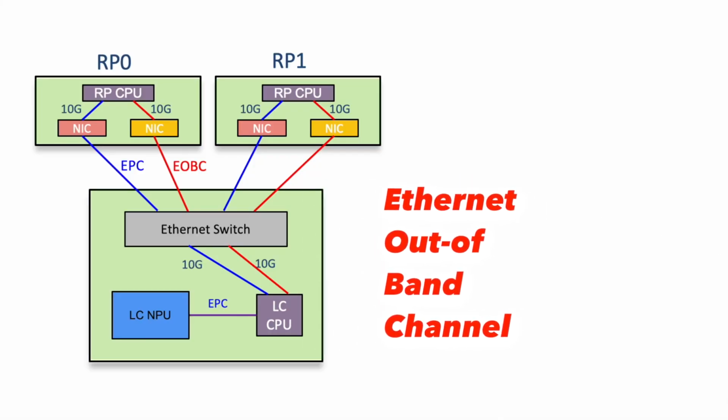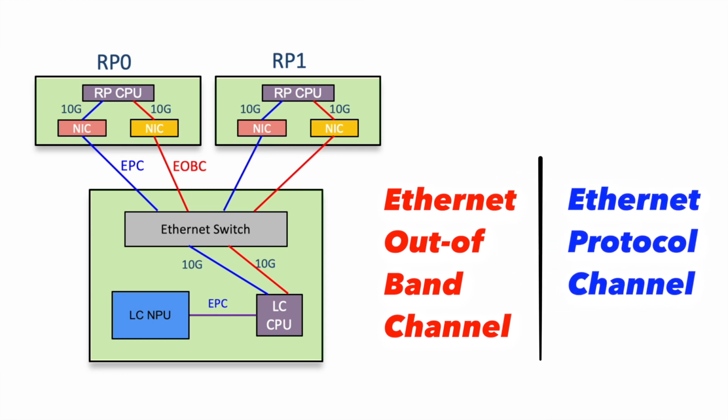But note that this platform NCS57C3 does not have a separate fabric card or system controller, which means we will still have the Ethernet out-of-band channel for the system management, and we will have the Ethernet protocol channel which will be for your data path or punt path from the line card all the way to the RP. But we will not have a separate entity such as fabric cards and system controller.